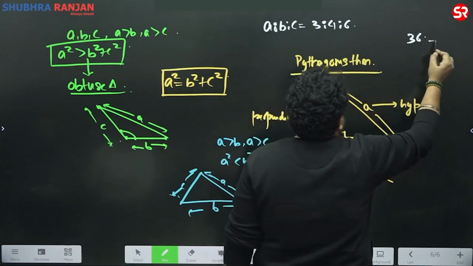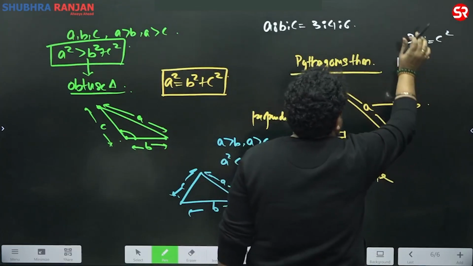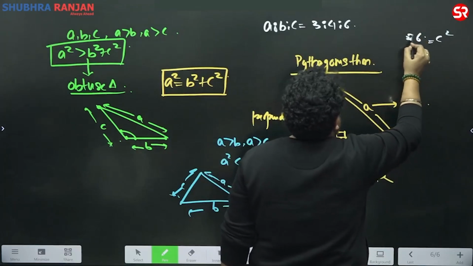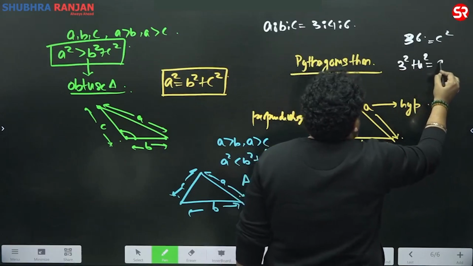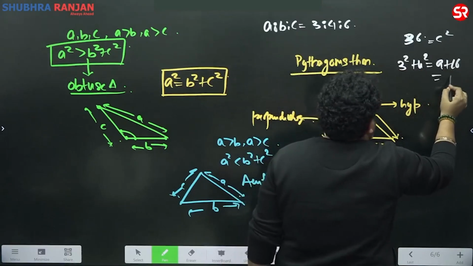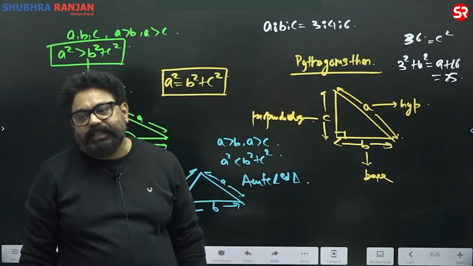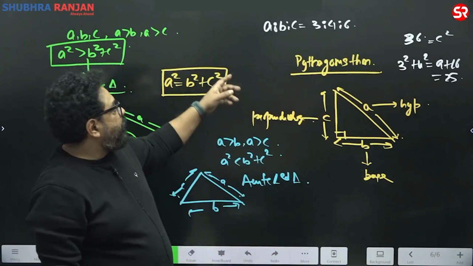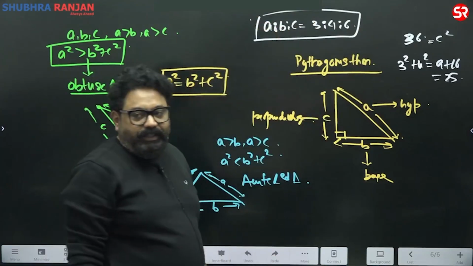So this is c square. So remaining is 16. Remaining is 3 square plus 4 square, which is 9 plus 16, which is equal to 25. So c square is greater than b square plus a square, which means it's an obtuse angle triangle. This triangle would be an obtuse angle triangle.